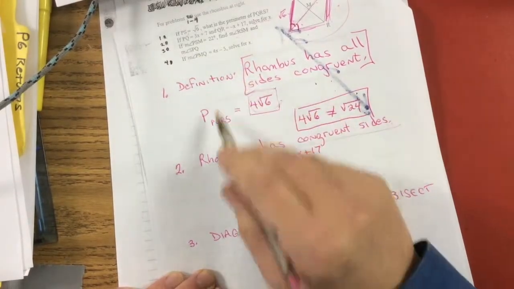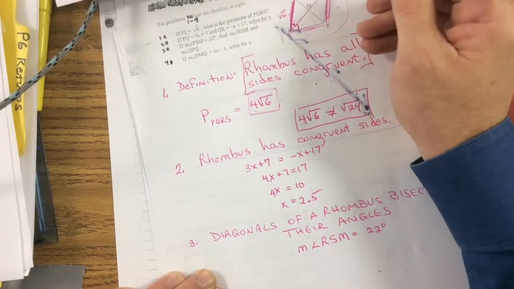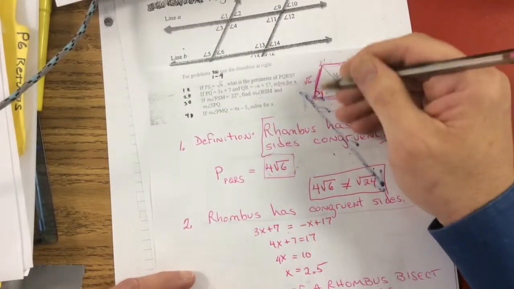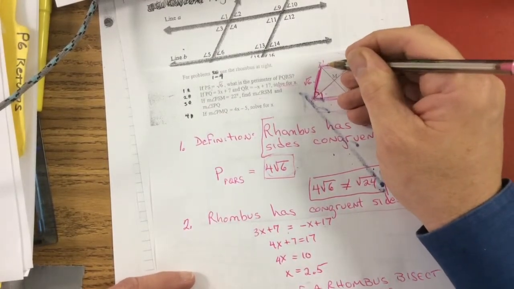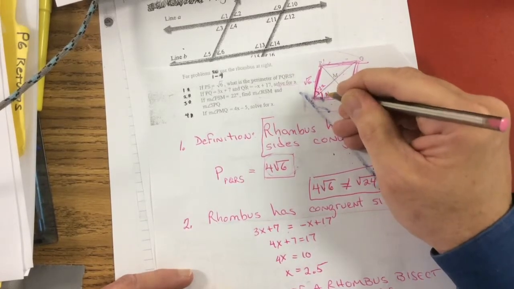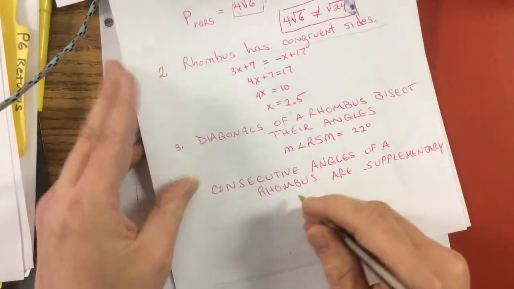Now SPQ, where is that? That's here. SPQ, we know that consecutive angles of a rhombus are supplementary, and that means these 2 angles right here have to add up to 180 degrees. This is 22, and this is 22, which means this whole thing here is 44.